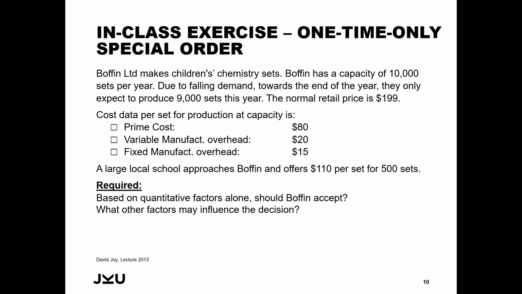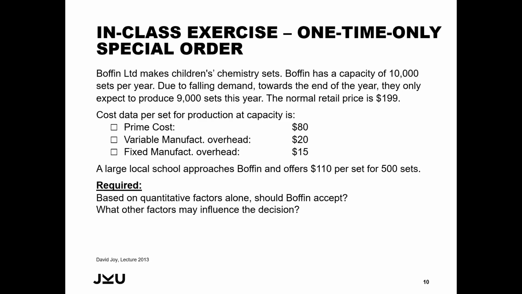Whether we can sell those 500 sets or not, we still have to pay the $15 per unit in fixed overhead costs. They are not going to be erased. So the only actual costs that are variable are the $100. If Boffin takes the offer of $110 per set, then we have a contribution margin of $10.